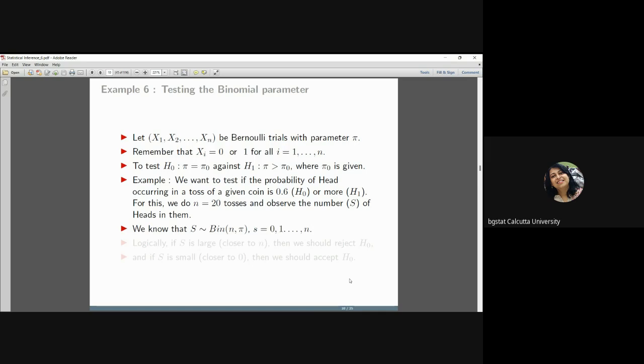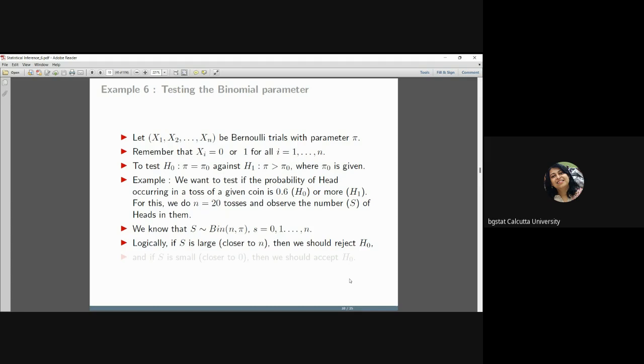So here's a concrete example. We want to test if the probability of heads in tossing a particular coin is 0.6 or greater than 0.6. My data is based on 20 tosses of the coin, and I observe S, which is the total number of heads in 20 tosses. Now, from previous notes, you should know that S follows a binomial distribution with n equal to 20 and success probability equal to pi.